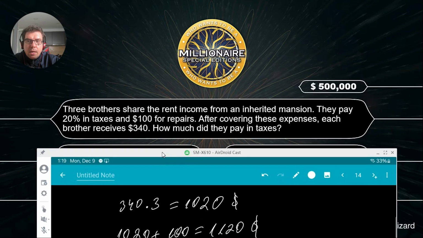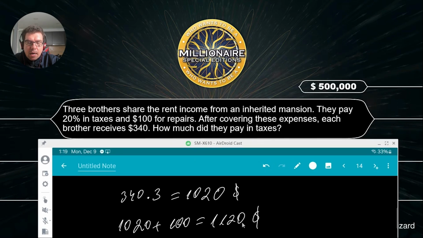Okay, and this is the sum that is left. This is the amount that is left after paying 20% in taxes, which again, think of it in this way. This number here represents 80% of the total income from the rent.